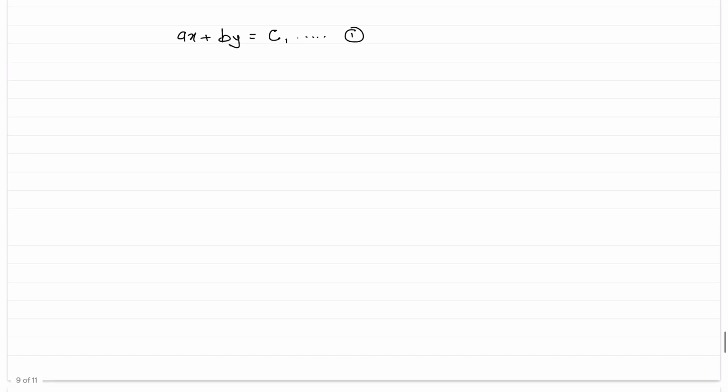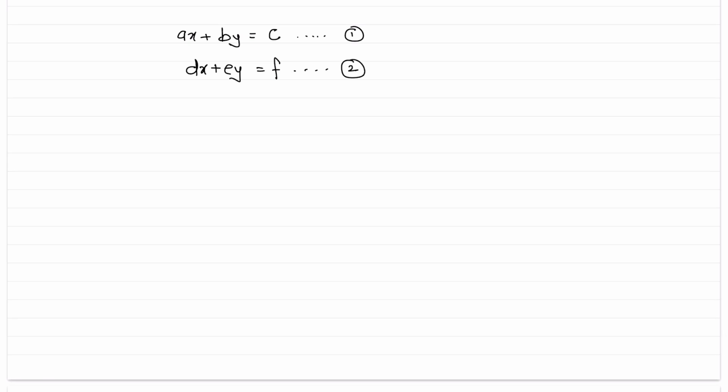Now let us rewrite the equations. ax plus by is equal to c1, or c we can say, and dx plus ey is equal to f. This is equation 2.